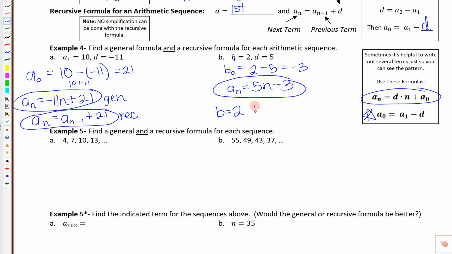And then we're going to say b sub n equals b sub n minus 1. Make sure that is in subscript right there. And then our difference is 5, so we just say plus 5. It's saying, okay, to get whatever term we want, we take the term before it, and we just add 5.